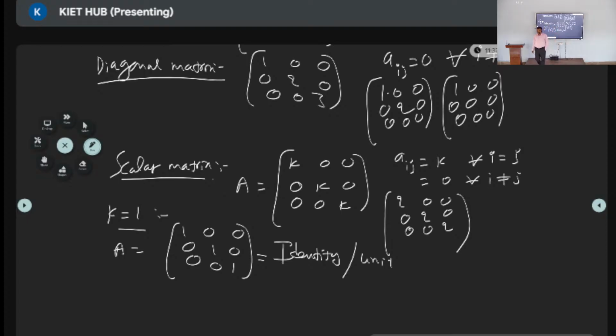Unit matrix, identity matrix. So, unit matrix is what type of matrix? It is a scalar matrix, and also you can say it is a diagonal matrix. You all understanding? అర్థమైంది కదమ్మా? Unit matrix అనేది ఏమైతుంది? Scalar and also diagonal. But all diagonal need not be unit matrix. Is it clear to all of you? Yes. Next.